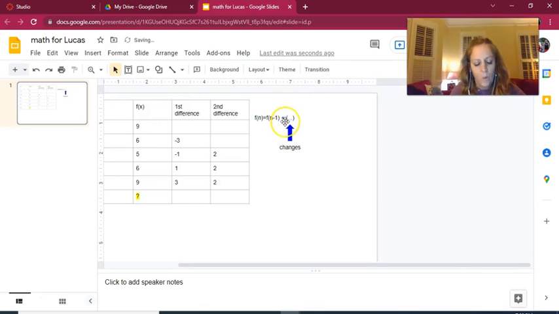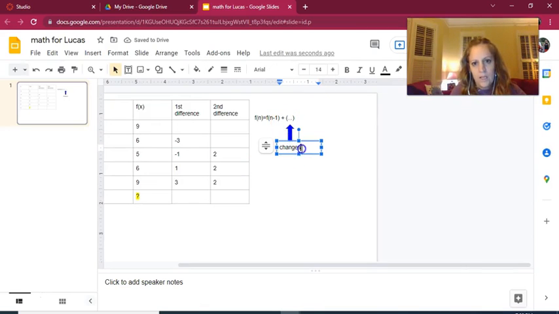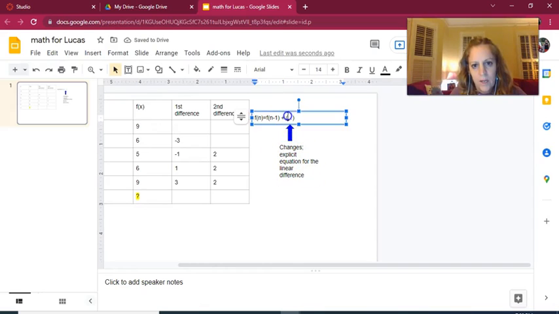Okay, so we want to figure out what we put in there. And what I was told is what goes in there is the explicit equation for the linear difference.